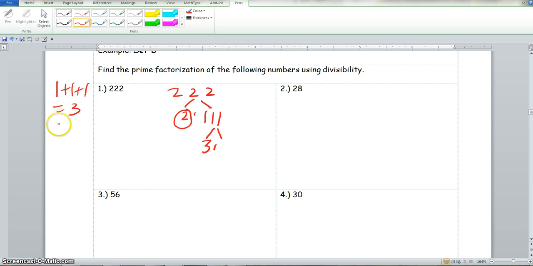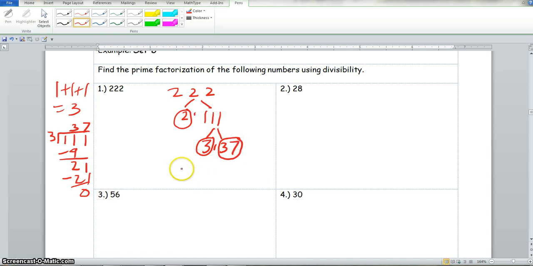So we could go off to the side. 3 goes into 11 3 times. 11 minus 9 is 2, and bring down your 1. 3 goes into 21 7 times, and we have no remainder. So it'll be 3 times 37. 3 is prime, and 37 is also prime. So the prime factorization of 222 is 2 times 3 times 37.